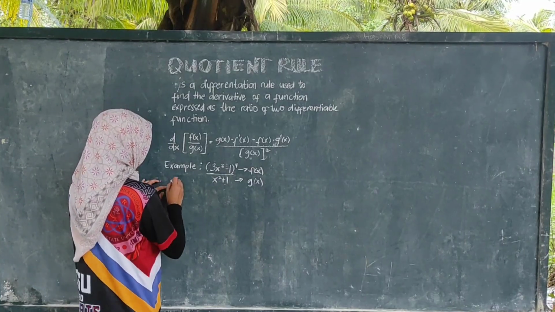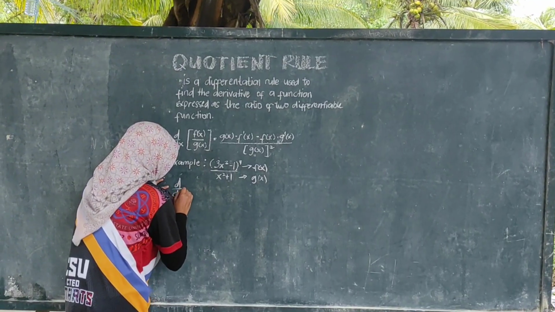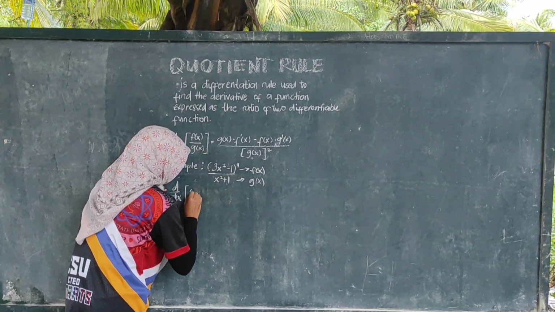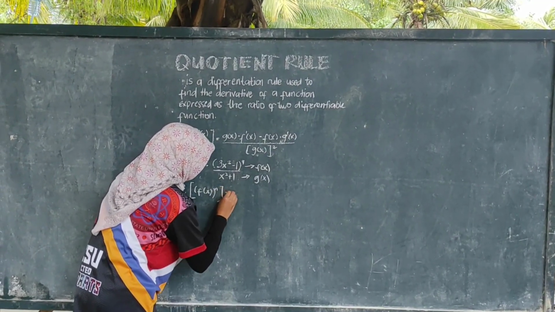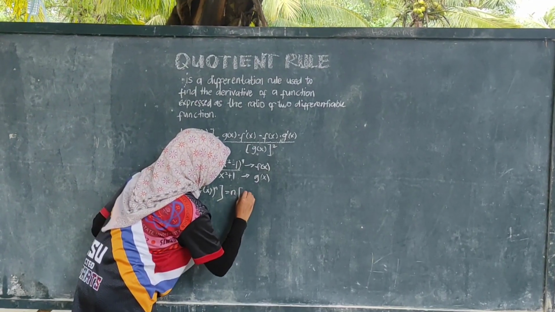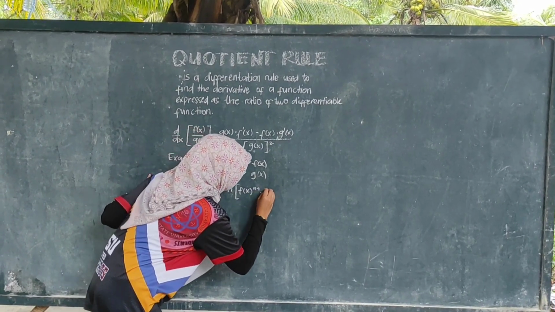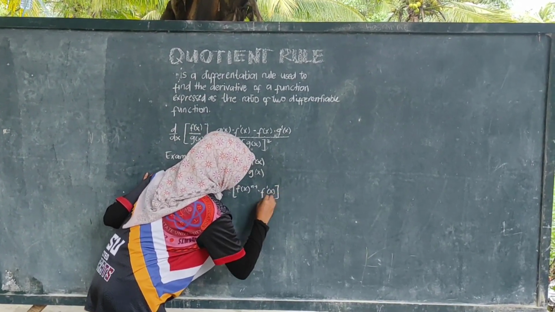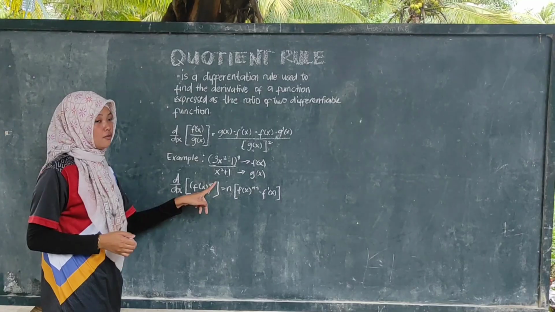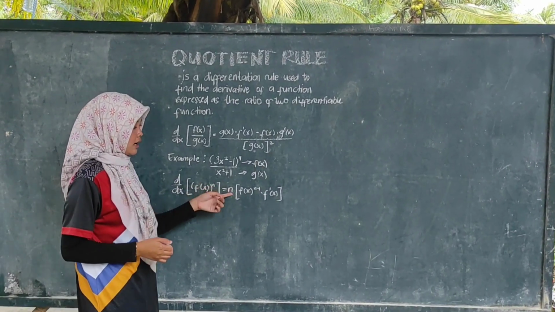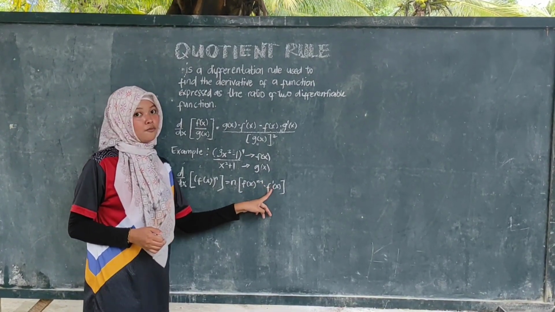So the formula of the chain rule is: the derivative of f of x to the power of n with respect to x is equal to n times f of x to the power of n minus 1 times f prime of x.